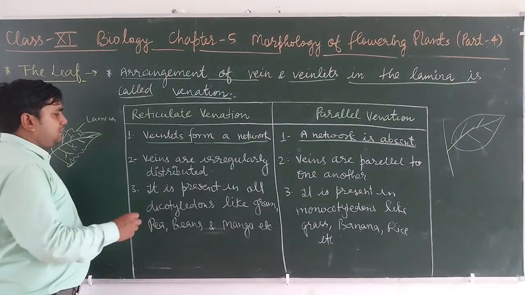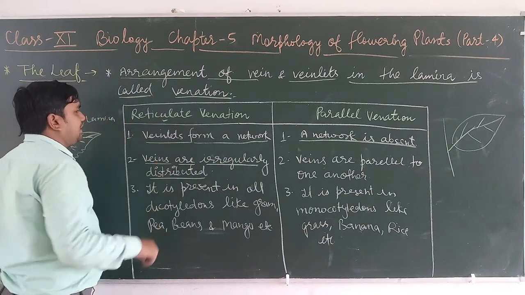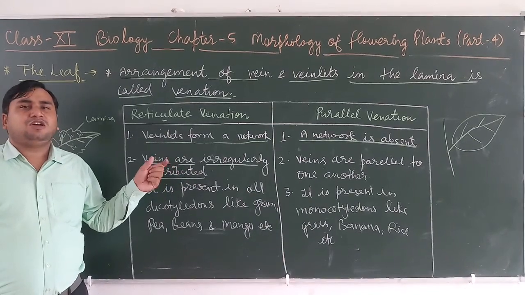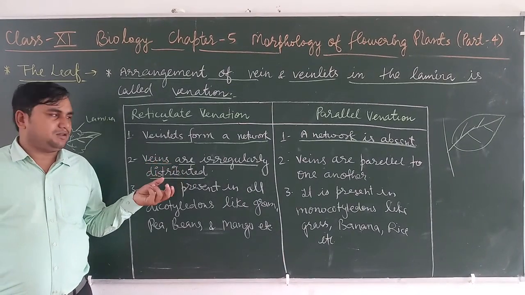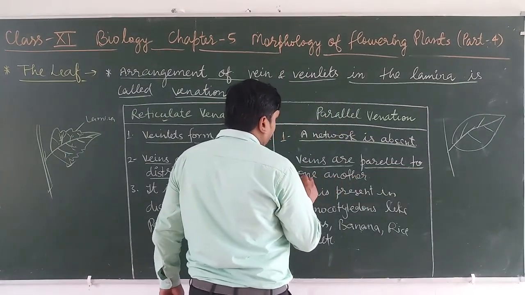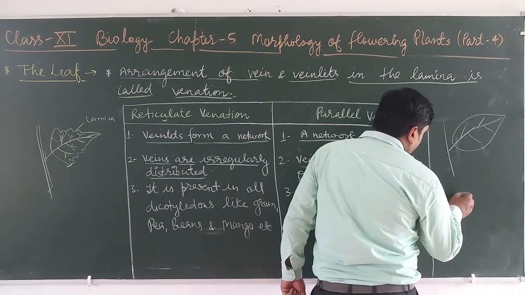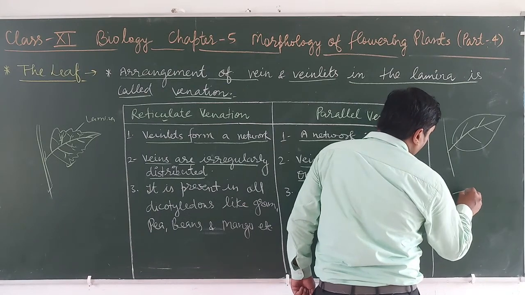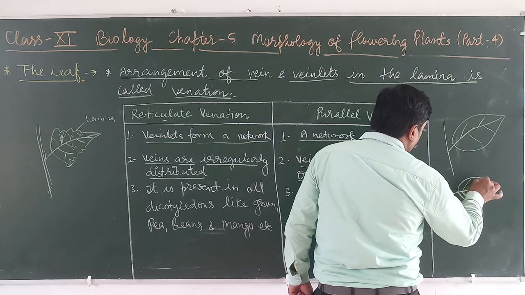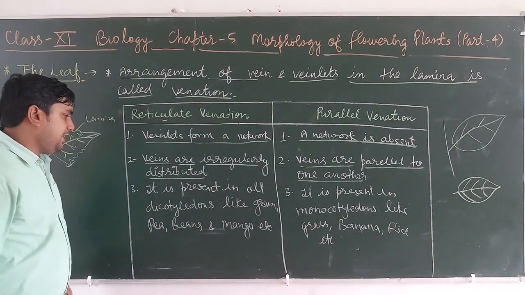Veins are irregularly distributed in reticulate venation, which means they have no regular pattern, and in parallel venation the veins are parallel to one another. You can see this in the figure.